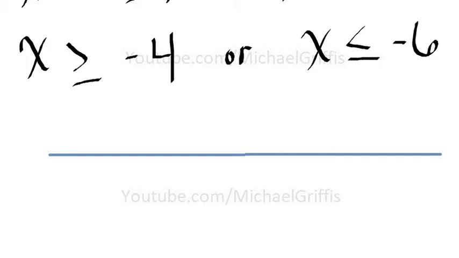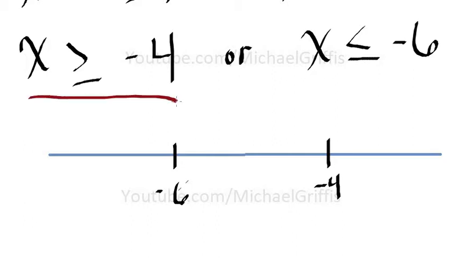Let's put negative 4 on the number line, and then arbitrarily pick a point here for negative 6.